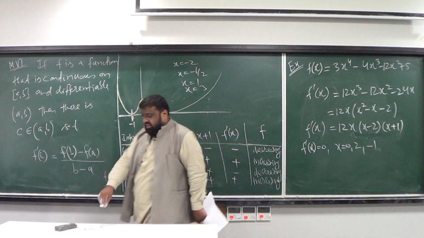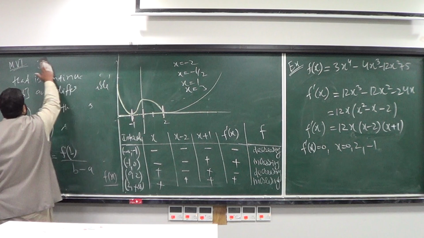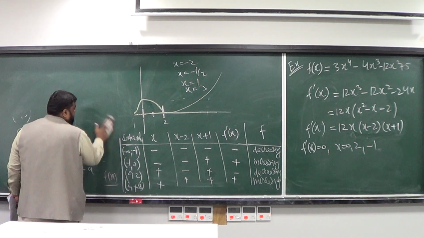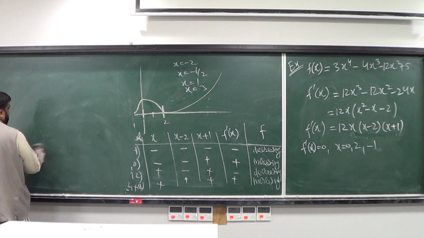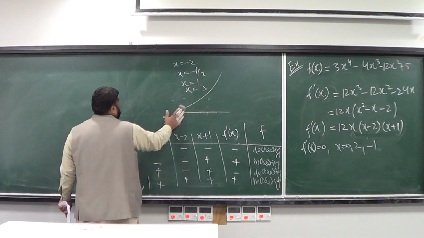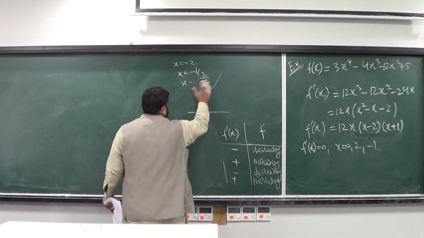So I hope you have some sense of increasing and decreasing. Now I would like to come to another interesting topic, which is a very interesting way of finding which point is a maximum point and which point is a minimum point on a given curve.